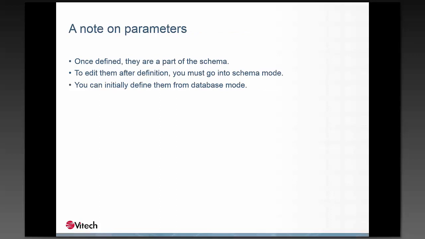Now, the eagle-eyed among you may have noticed I've not talked about parameters yet. Parameters are interesting in that they're in between. Once you define a parameter, they are part of your schema. Once they're defined, if you want to edit them, you have to go into schema mode to do that. However, to initially define a parameter, you can do that from the database side.